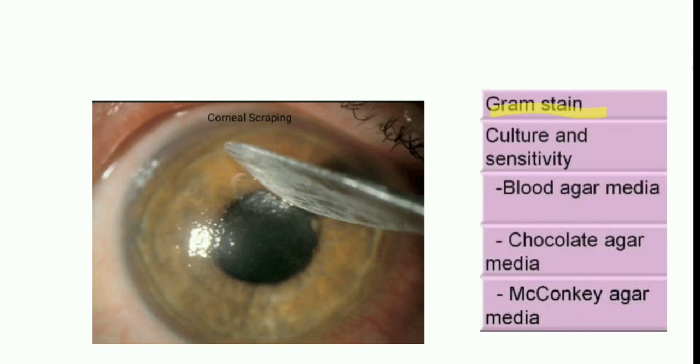For example, blood agar media for Staph aureus, or chocolate agar media for Neisseria, or you can do a MacConkey agar.